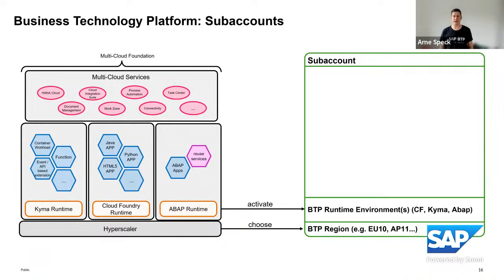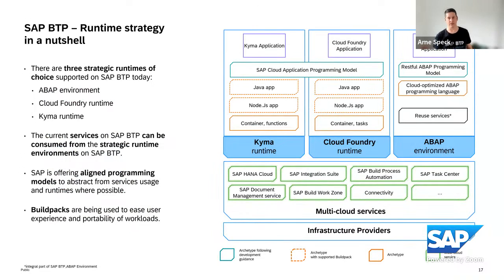So now coming to the next thing that we want to decide within our subaccount, and that's the runtime environment that we want to choose to run services or operate our own applications. Let's do a short outlook into our runtime strategy. We have 3 strategic runtimes we're supporting with BTP today.